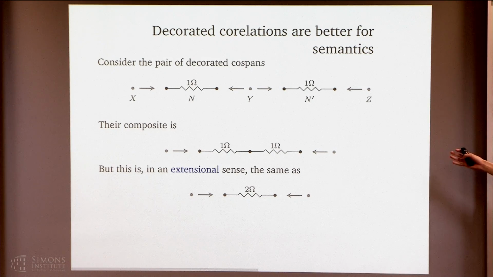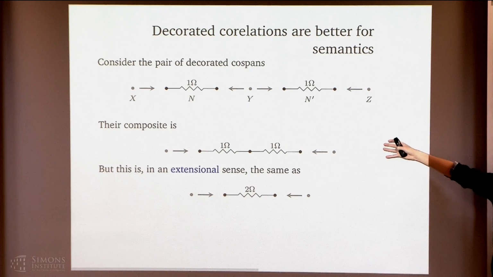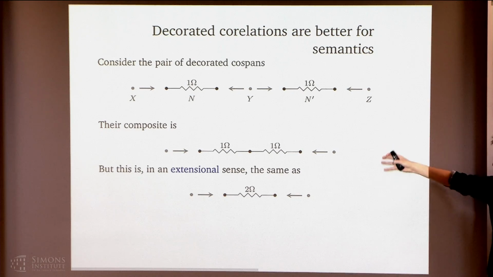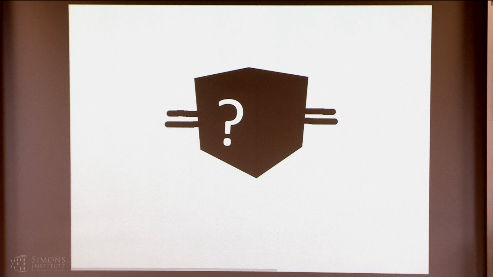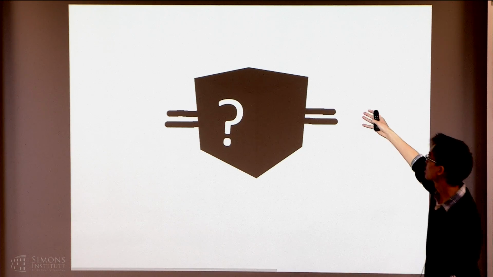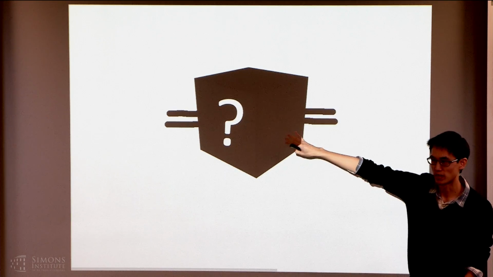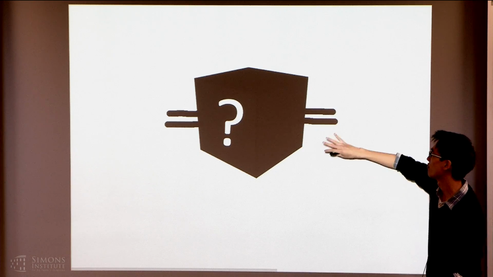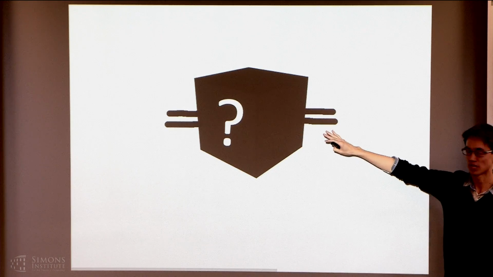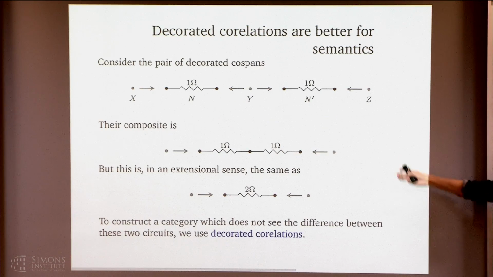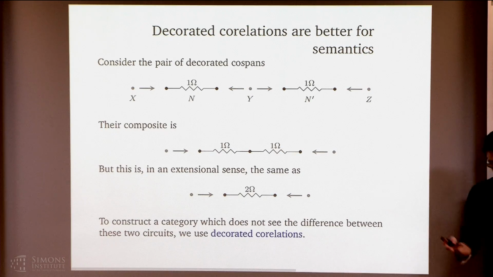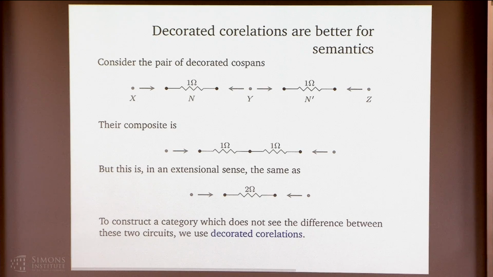In the sense that they're equivalent is this: if we get these circuits and put them each in a black box, such that we're only allowed to probe the terminals by measuring electrical behavior on either side, so currents and potentials at these 2 points, then we could not tell these two circuits apart. They'll yield exactly the same measurements.